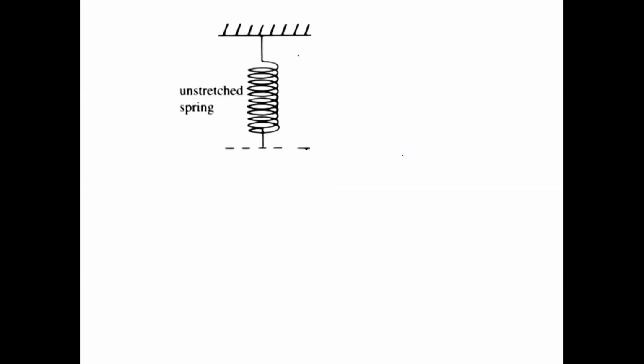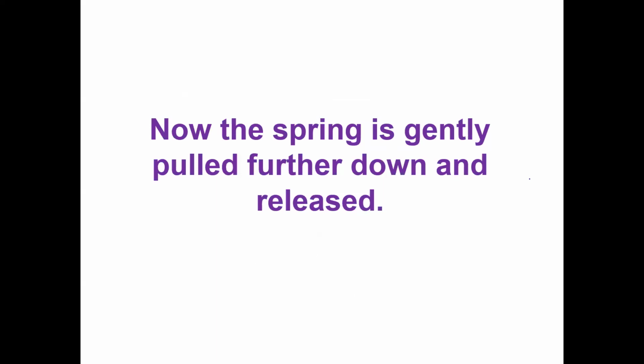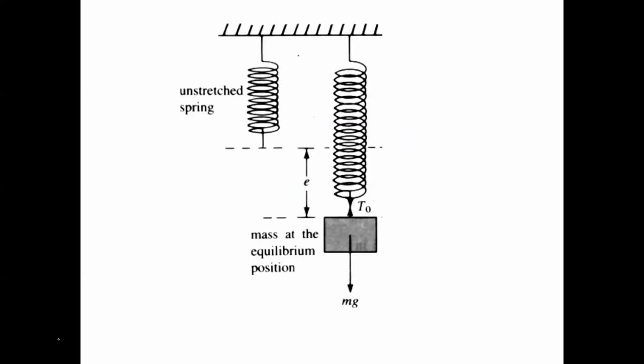For example, a loaded vertical spring, and we have a spring with its original length. We put some load on the spring and it stretches out, and then the spring is gently pulled down. If you pull the spring gently and then you release, what will happen?